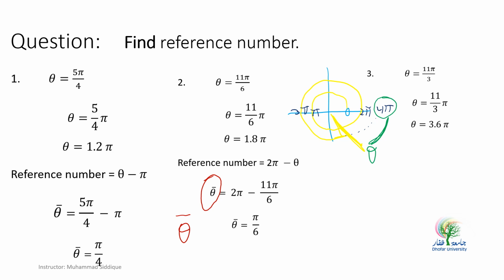So you know 4 pi is larger. So 4 pi minus theta. We will put the value of theta and the reference number will come pi by 3. I hope it is clear.